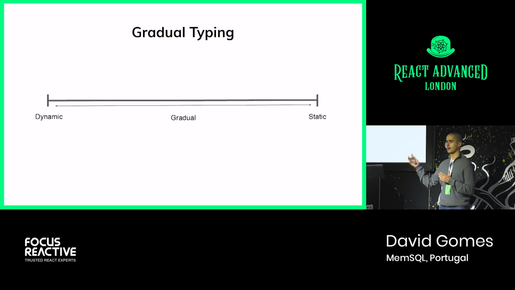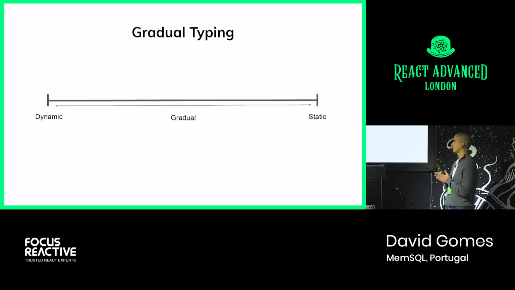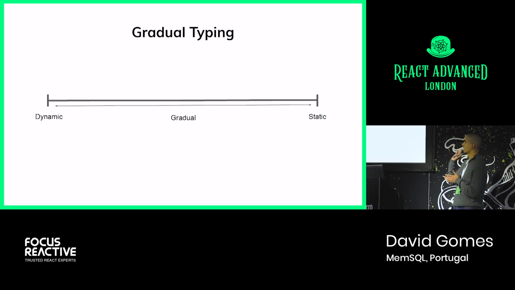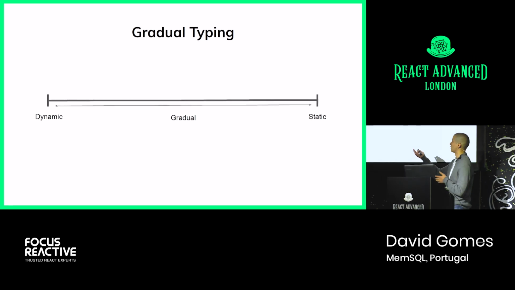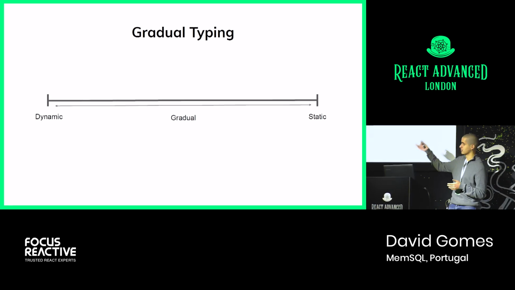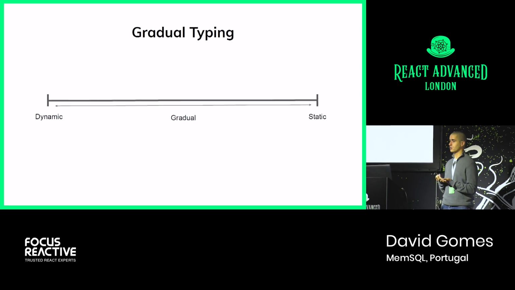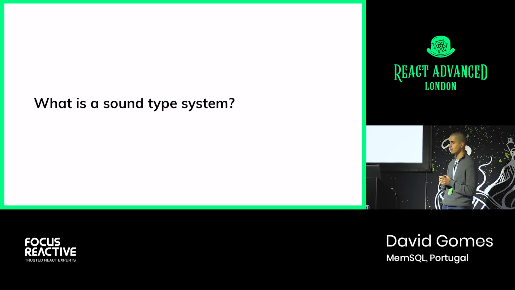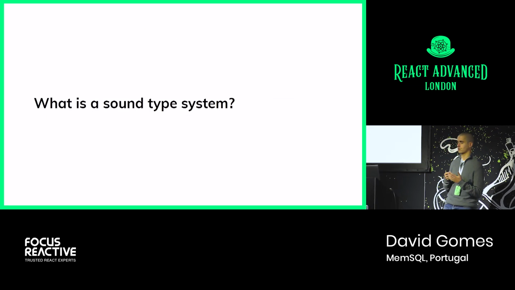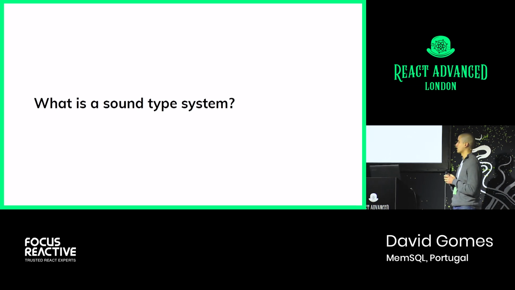You have static typing and dynamic typing in the same language, and you basically get this spectrum between dynamic typing and static typing. If you're working with a gradually typed language, usually you can choose. Do you want to live more over this side, or do you want to live more to the other side? Gradually typed environments let you choose that, sometimes on a per file basis or on a per component basis, which is really nice.